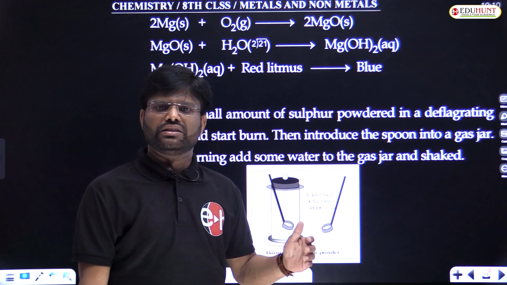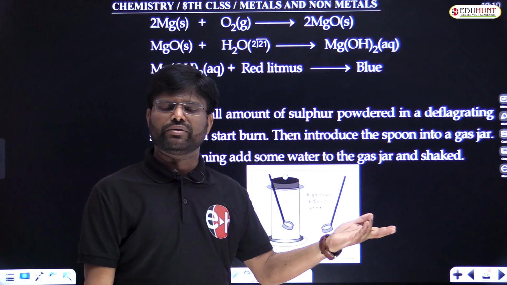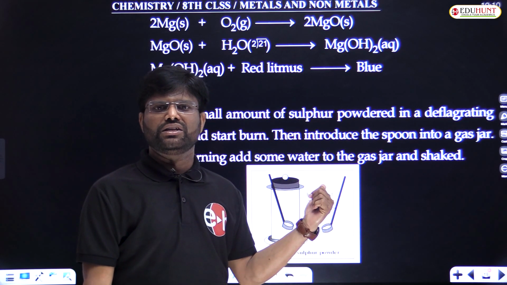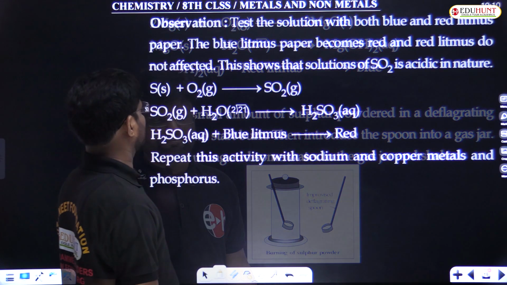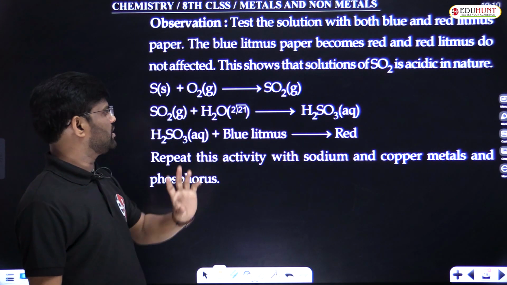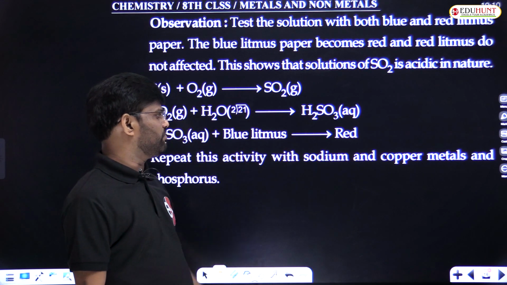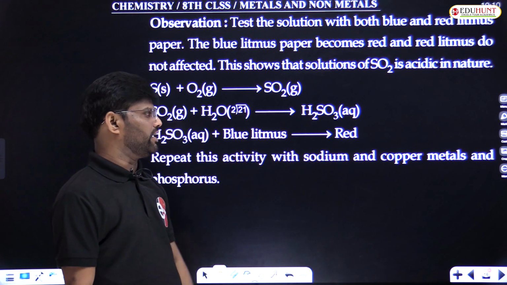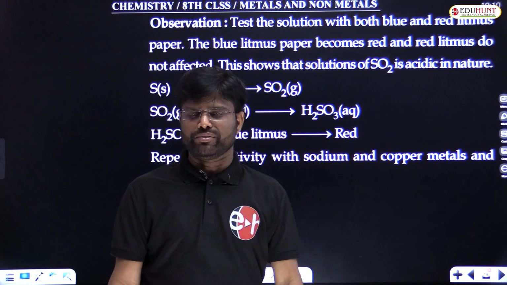Then blue litmus turns into red litmus, because sulfurous acid is acidic in nature. So with acids, blue litmus changes into red litmus.